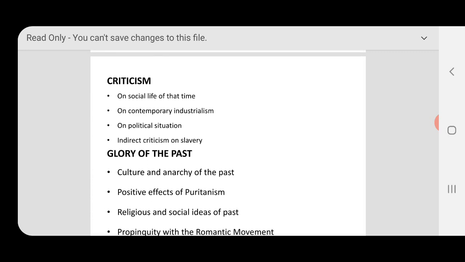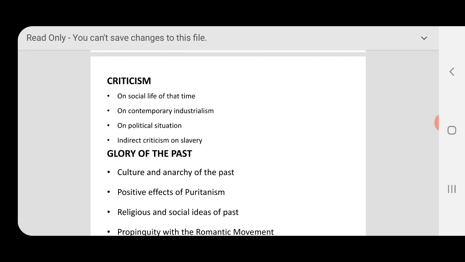The next characteristic of Victorian poetry is criticism. Criticism means to criticize something, to condemn something. Victorian writers criticized the social life of that time because during the Victorian period, the majority of the people of society were leading a materialistic life, and they were tilted towards a luxurious life.